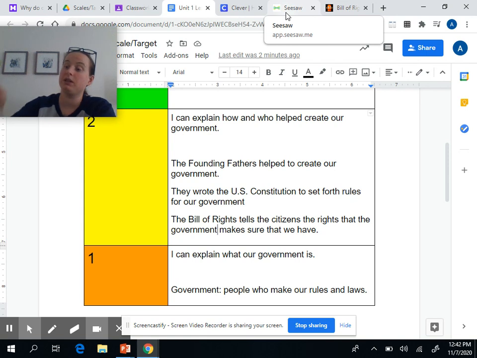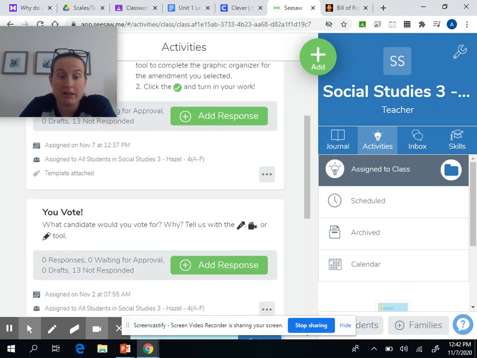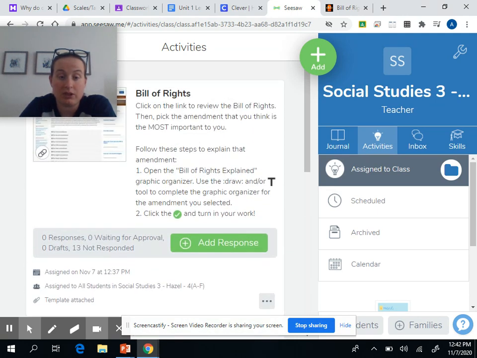And when you hear one that really sticks out as being important to you, then write that down so you remember it. So today you have a seesaw activity, and you are going to pick the amendment that is the most important to you.